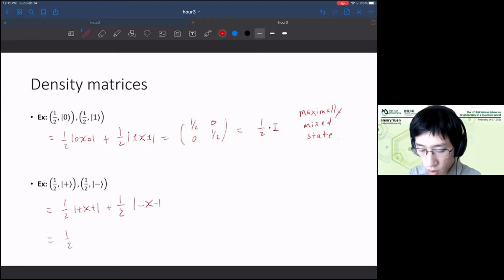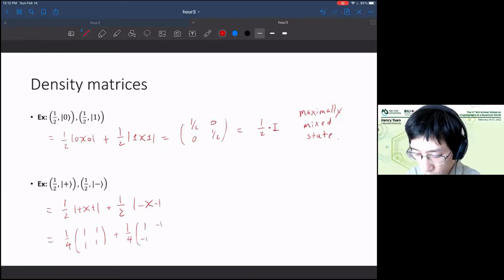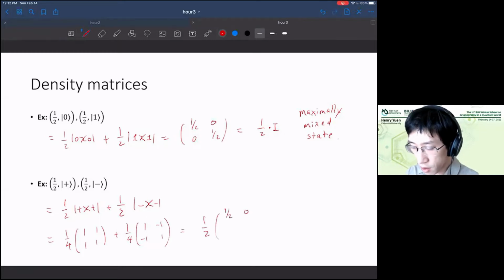This is, we already saw what this is, 1, 1, 1, 1 plus 1/4, 1 minus 1 minus 1, 1. But hey, when you sum this up, you get exactly the same matrix out, right? Again, this maximally mixed state, the identity over 2.